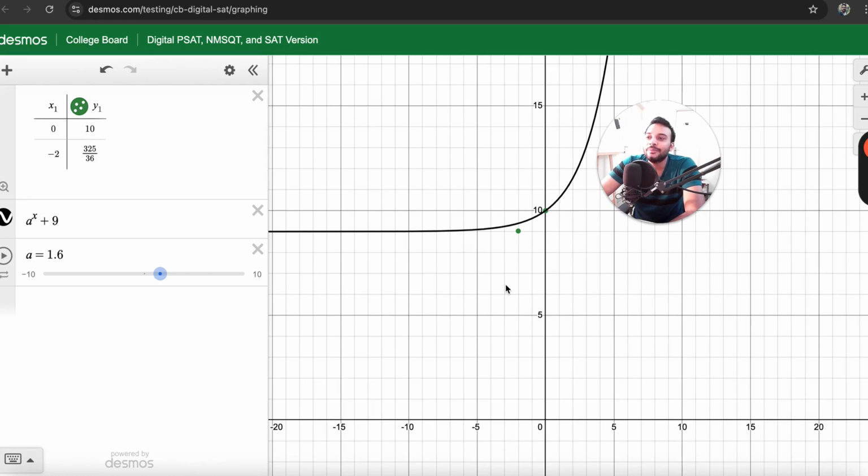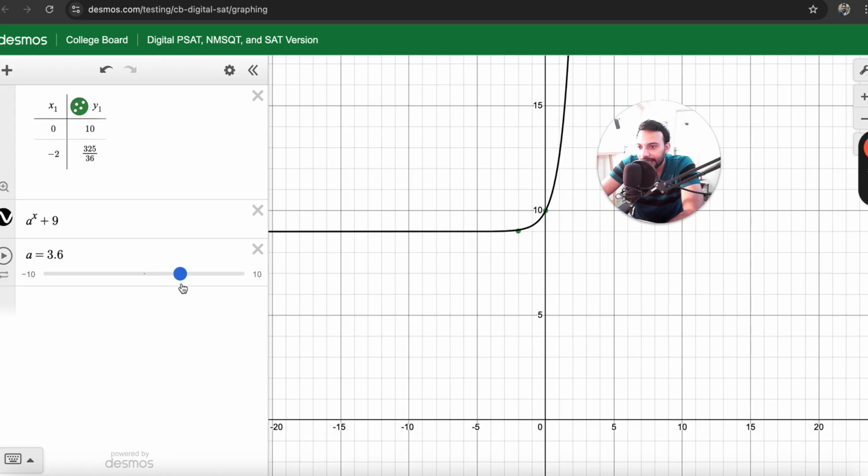So in that case, we'll be able to get the accurate graph which is asked in the question, the exact value of a. So let's try to fit these points. 0, 10 is already fitting because we've already taken that into account and put the value of b as 9.